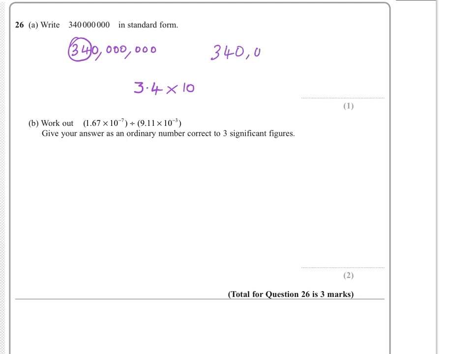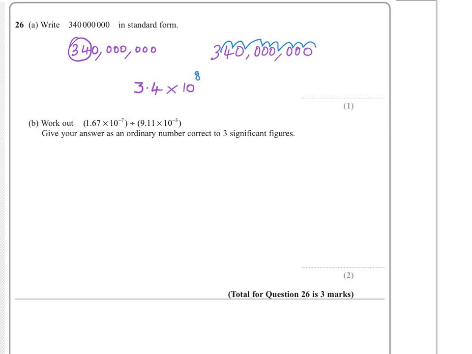If I write the number out again, if we start from, say, 3.4, then we'd have to times by 10 once, twice, 3 times, 4 times, 5, 6, 7, 8 times.